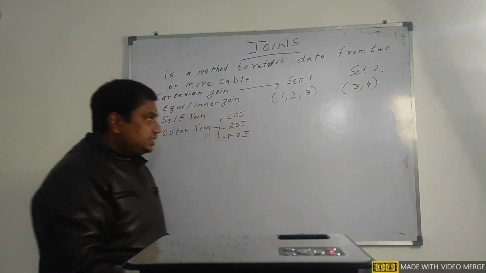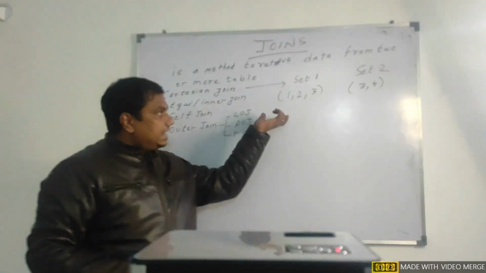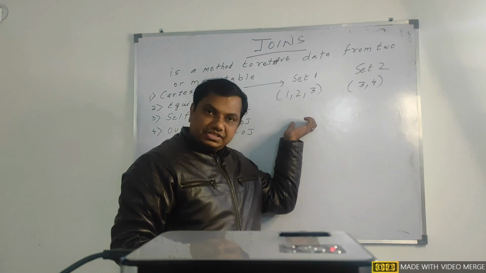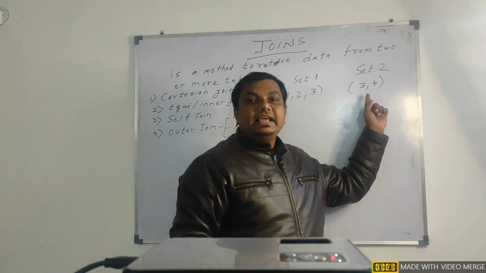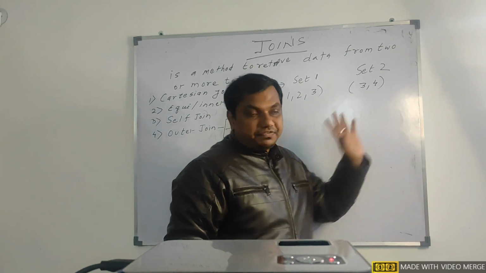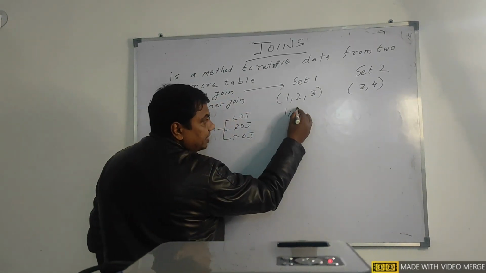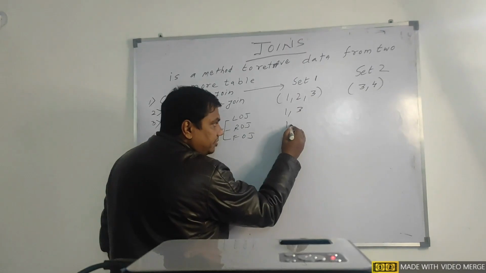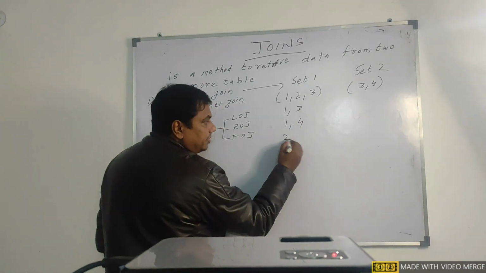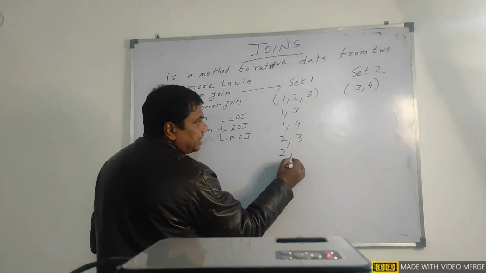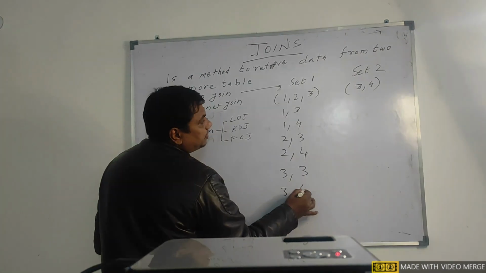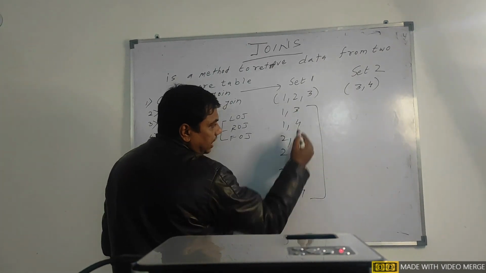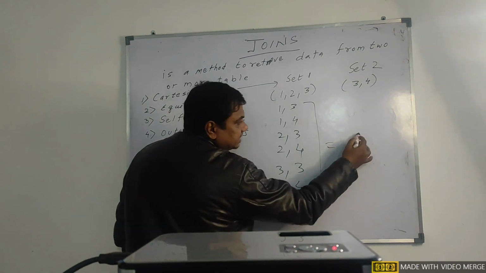Now Cartesian join means each and every member of set 1 will be multiplied with each and every member of set 2. That means 1 will be multiplied to 3, 1 to 4, 2 to 3, 2 to 4, 3 to 3, and 3 to 4. So the total output is 6.